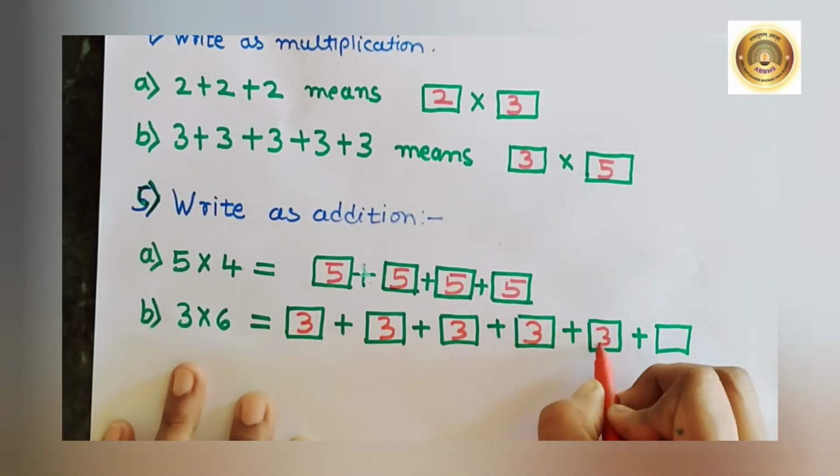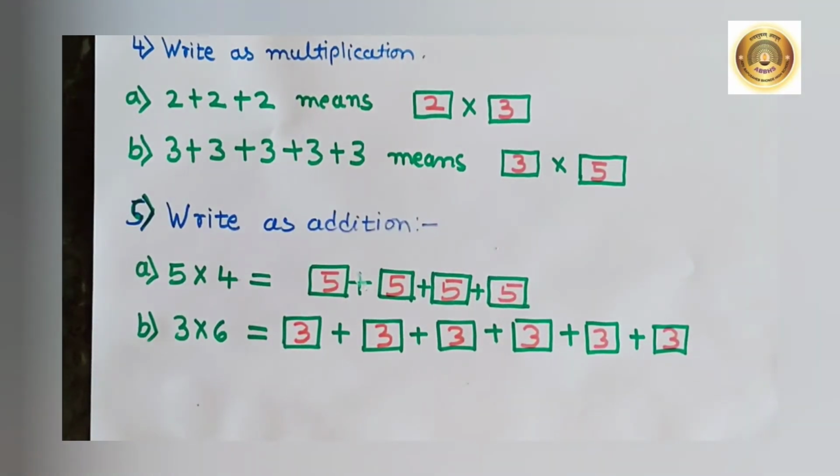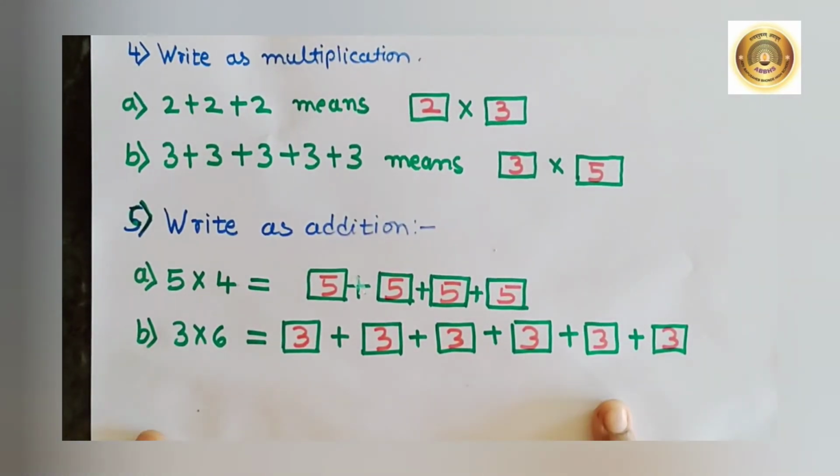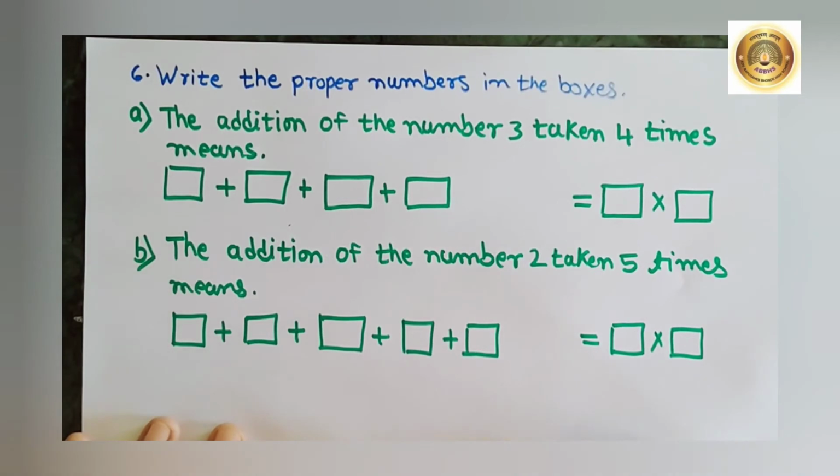So we will write 3 plus 3 plus 3 plus 3 plus 3 plus 3, 6 times. I hope, children, you understood this concept of repeated addition. Now, children, we have understood how to convert the addition form into multiplication form and multiplication form into addition form.